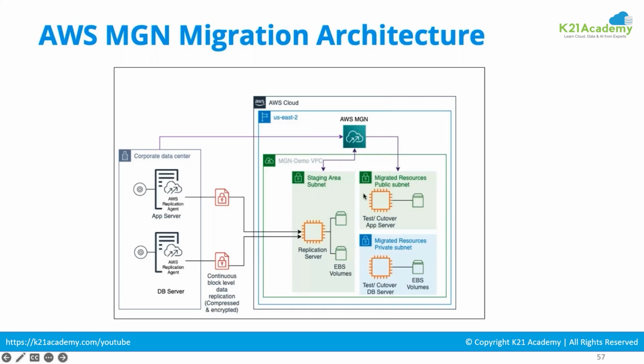What is a staging area? Why do we need a staging area? Can't I just take the server, put it here, take the server, put it here, and just eliminate this middleman? I don't like the middleman. Apparently the staging area is a temporary location where my replication data from the source is temporarily stored.